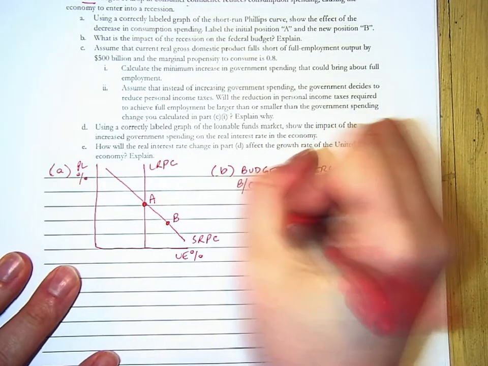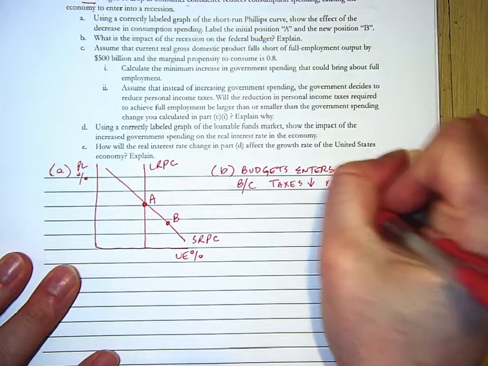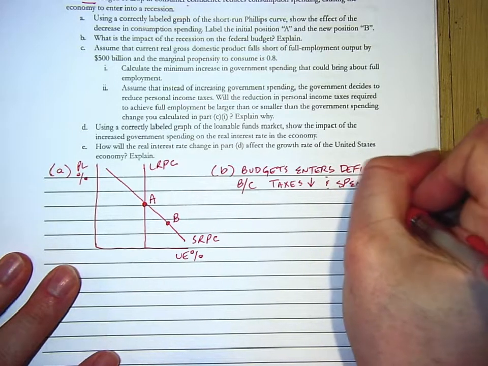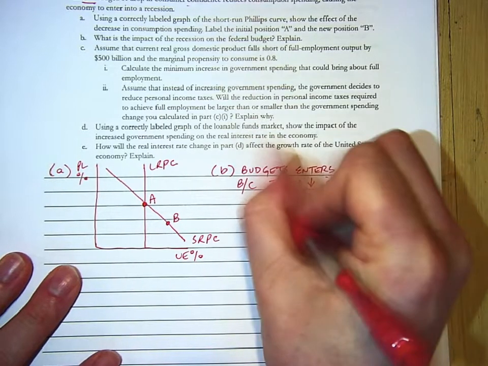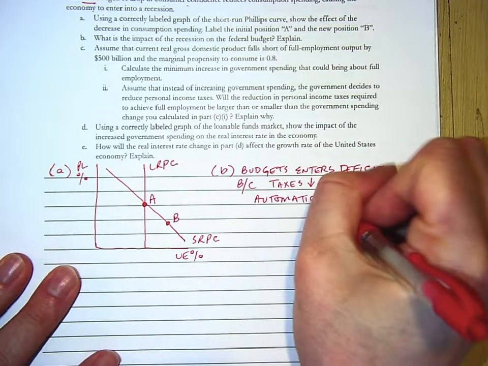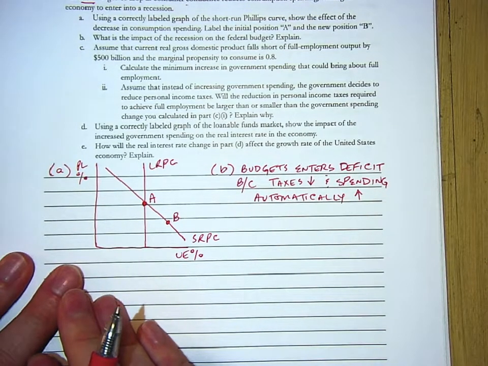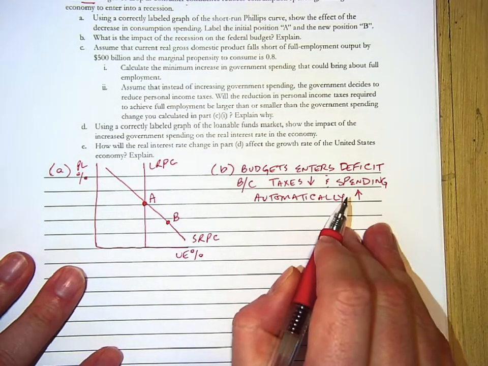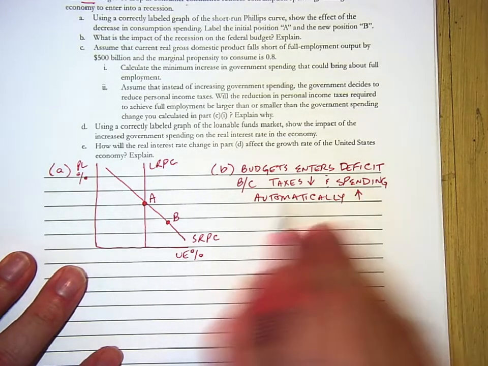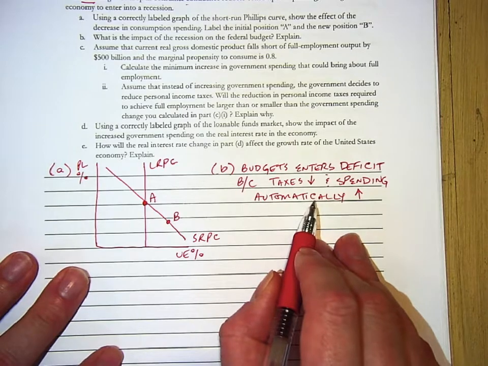It's because taxes decrease and spending automatically increases. You remember we have these automatic stabilizers. Things like unemployment insurance and food stamps, programs that people qualify for during recessions because they've lost their jobs. And so tax revenues would go down, government spending would automatically rise.